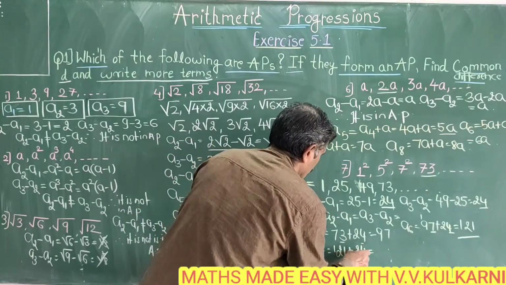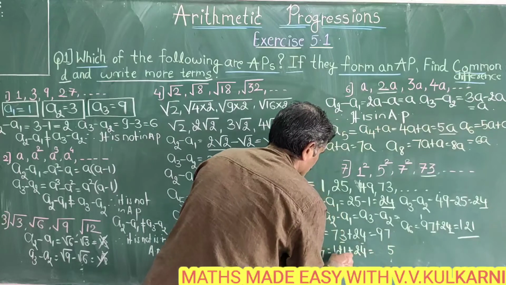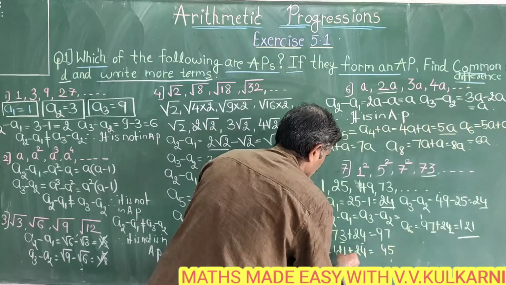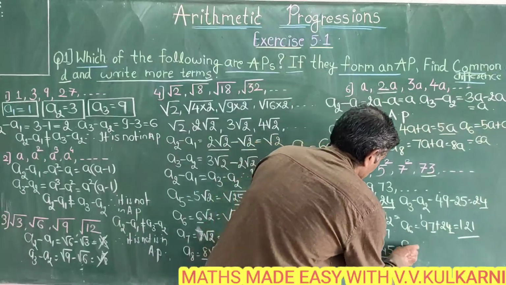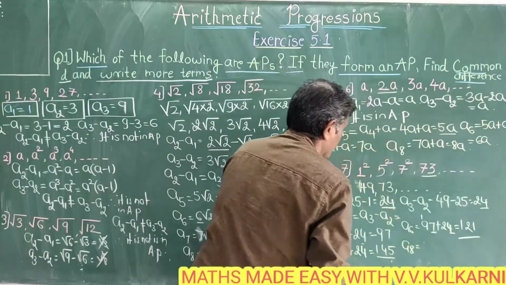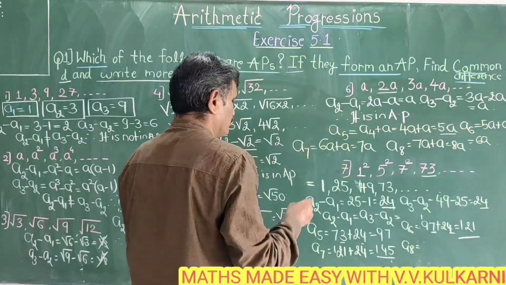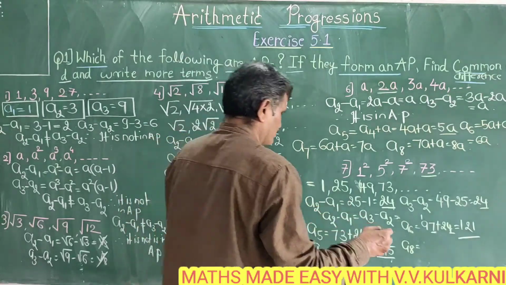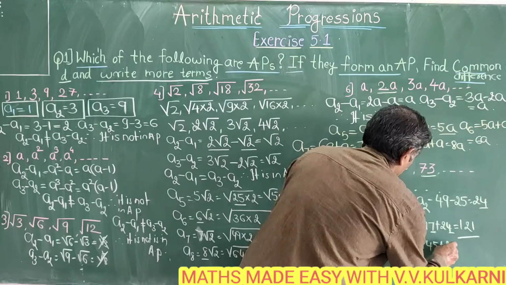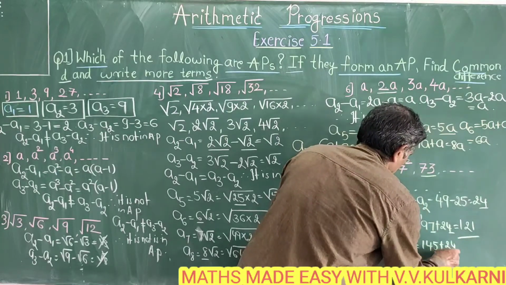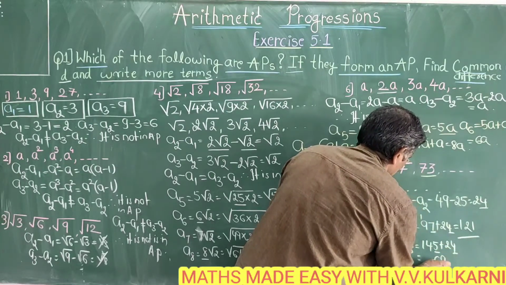So it becomes 2 plus 4 plus 1 is 5, 2 plus 2 is 4, and 1 plus 1 is 1, as it is 145. The eighth term is what? Seventh term plus 24, that is 145 plus 24, that is equal to 169.